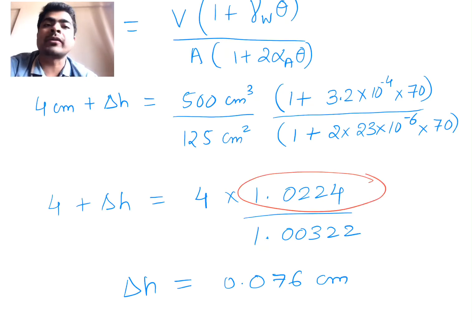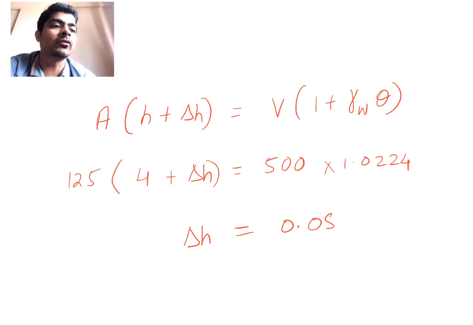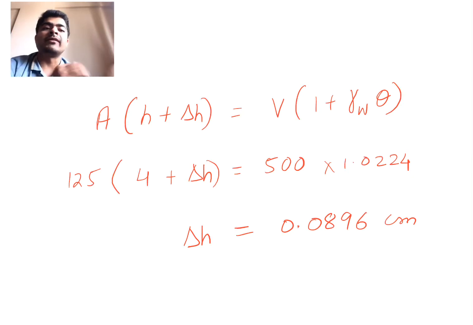It came out to be equal to 1.0224. When you solve this, you will get delta H to be equal to 0.0896 centimeter. So this is the answer given in the book, which is achieved by ignoring the change in area, because the area change is very small.